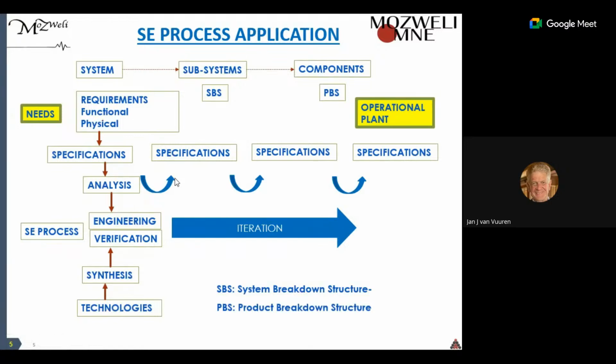After specification of all the subsystems through engineering, we break it then down into the final products that we have to build up, the subsystems and components to build up into the higher hierarchy of the nuclear power plant.